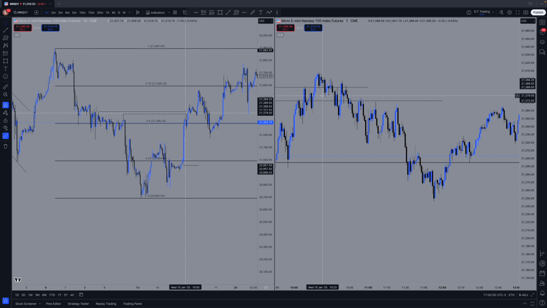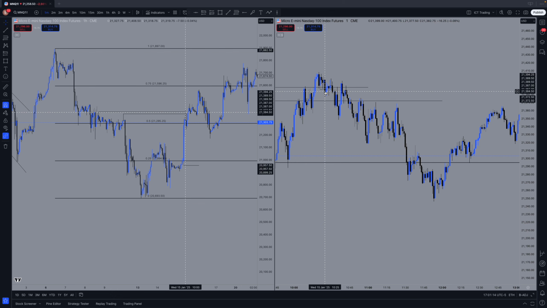So what we're looking for when we go short is a fair value gap going down. And with that fair value gap, we need a shift in market structure. So a shift in market structure is any time that a lower low is broken. In this instance, when price drops below this swing low right here, it's a shift in market structure.